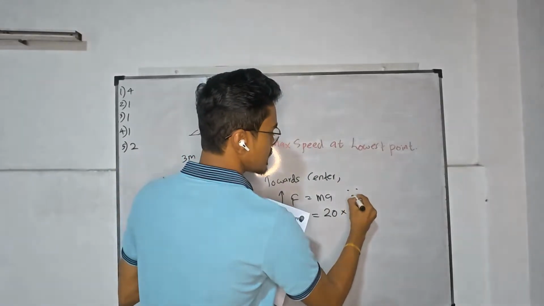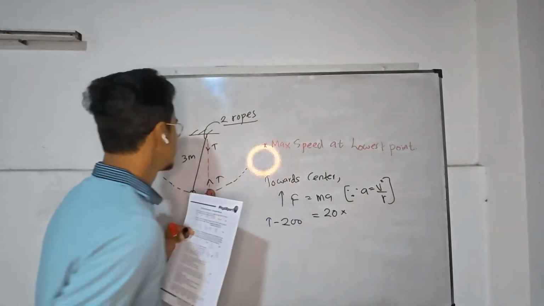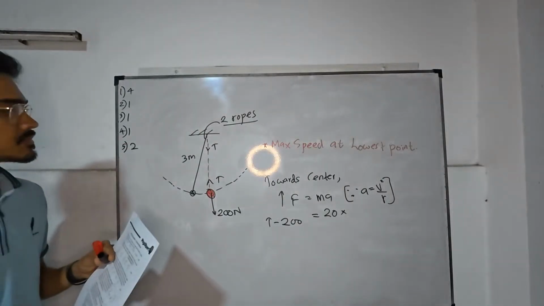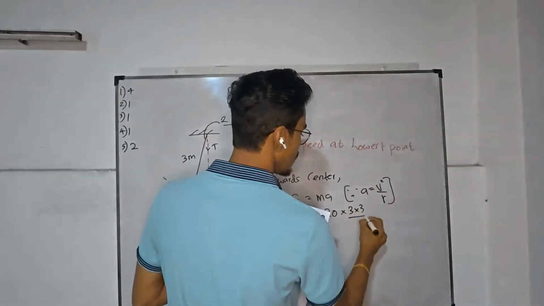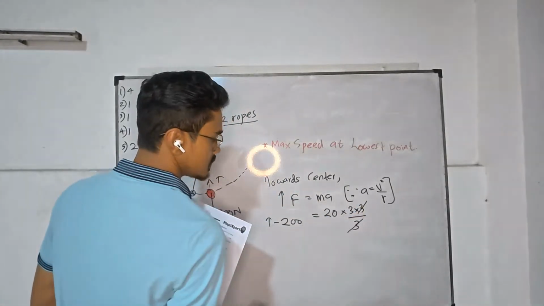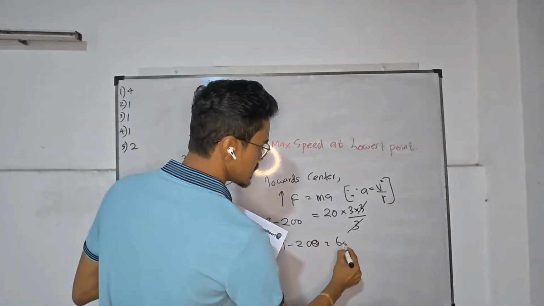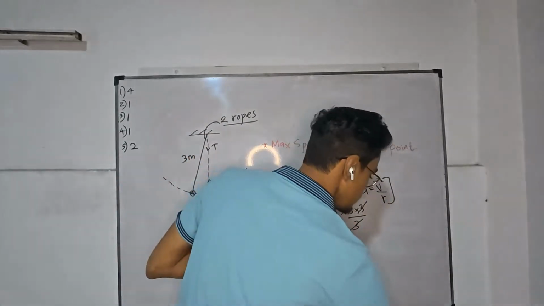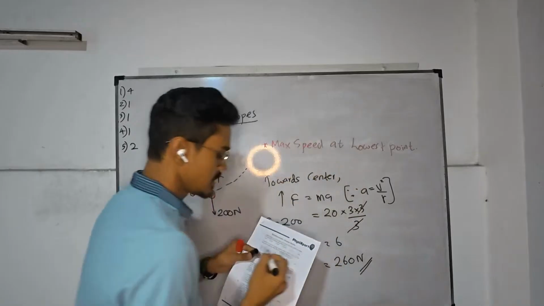A can be expanded as V squared over R. Then V squared is 3 times 3, over R which is also 3. Simplify this. So T minus 200 equals 60. T equals 260.